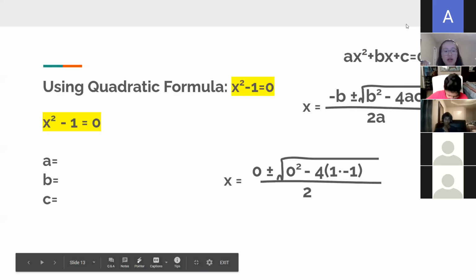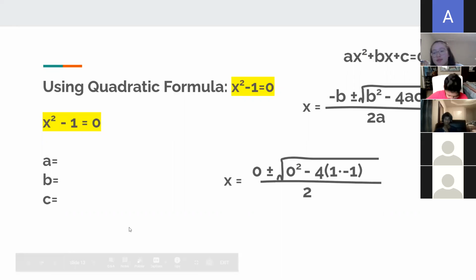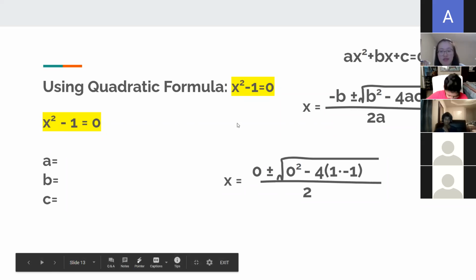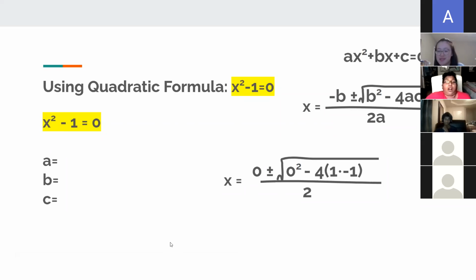So now we're going to use the quadratic formula to solve a quadratic. Remember that a solution to a quadratic is wherever the quadratic itself touches the x-axis. So it's where your zeros or roots are. Does everybody have a paper and pencil next to them right now?